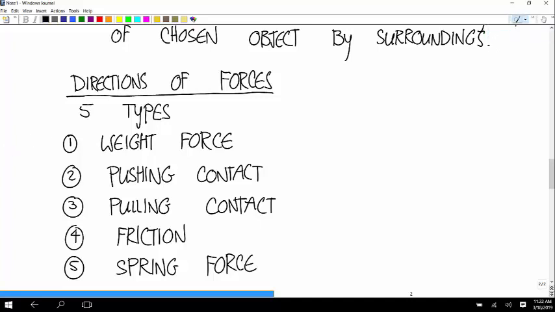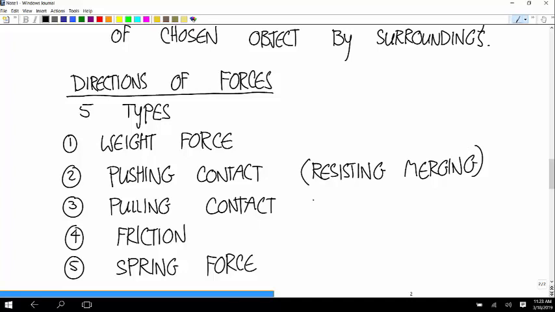And as far as the difference between pushing and pulling, you can think of a pushing contact as resisting two objects merging, you know what I mean? This is the force that keeps them from just, oh.